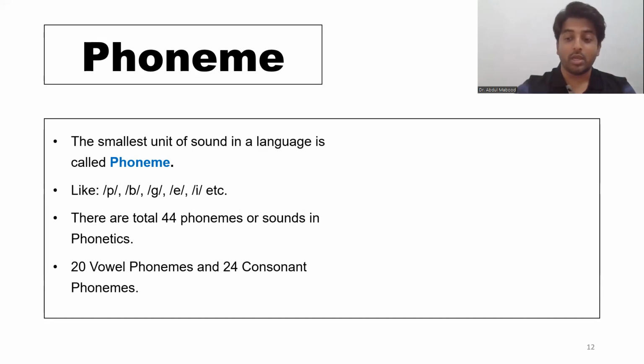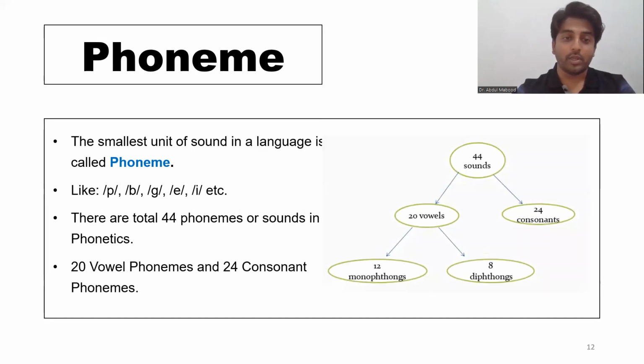There are a total of 44 phonemes, and till now we knew that there are 26 letters. There are only five vowels, but from now onwards we have to know that there are 20 vowels and 24 consonants.